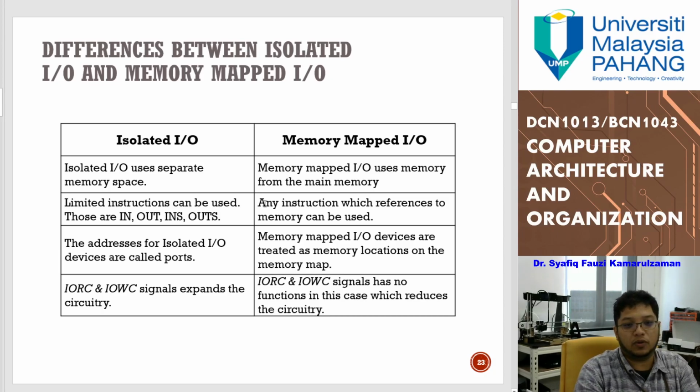For memory map I/O, any instruction which references memory can be used, which means there are more universal instructions available for your devices. The addresses for isolated I/O devices are called ports, and memory map I/O devices are treated as memory locations on the memory map. Finally, IORC and IOWC signals expand the circuitry for isolated I/O. However, for memory map I/O, IORC and IOWC signals have no function, which reduces the circuitry.